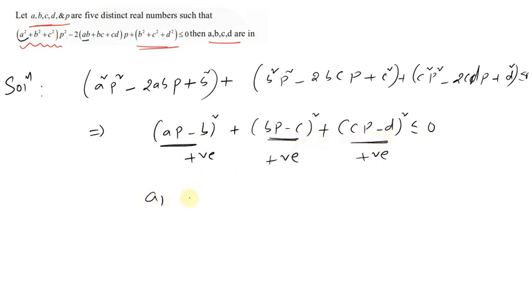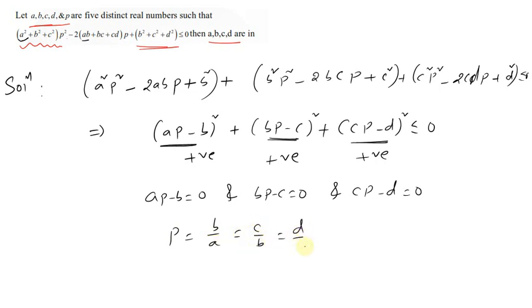So AP minus B is equals to 0 and BP minus C is equals to 0 and CP minus D is equals to 0. So here you can evaluate P is equals to B by A, C by B, D by C. So B square is equals to AC, C square is equals to BD, so that you can easily guess ABCD are in GP.